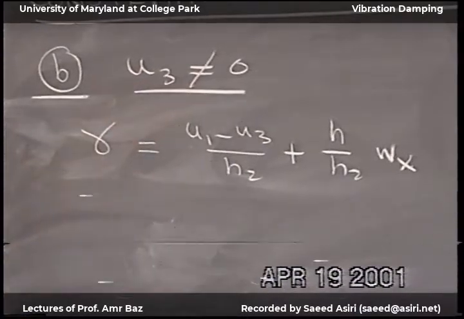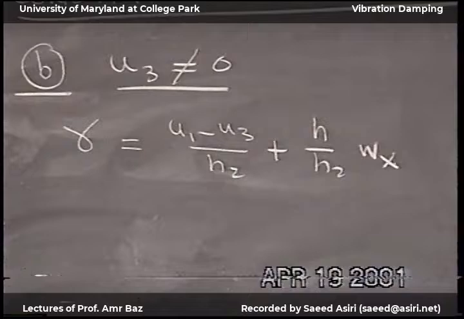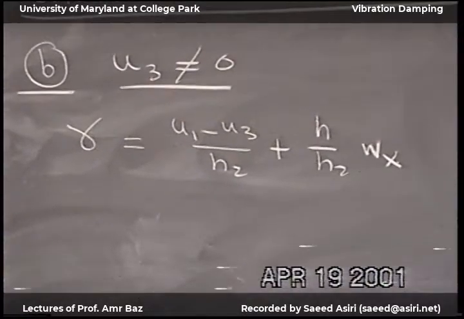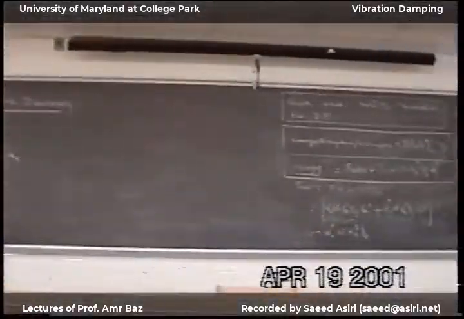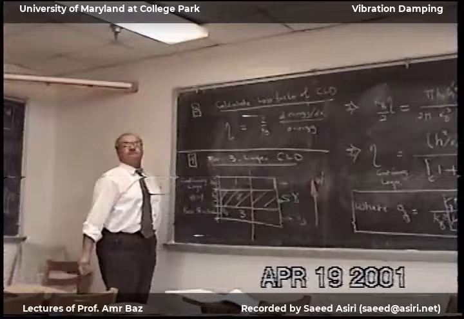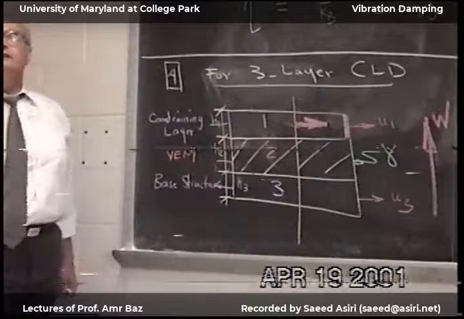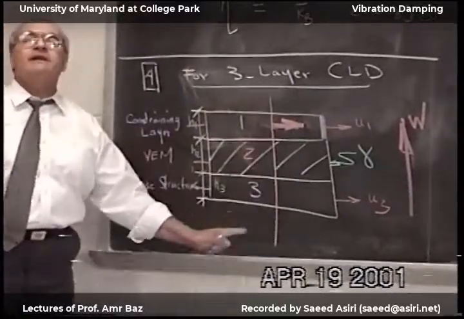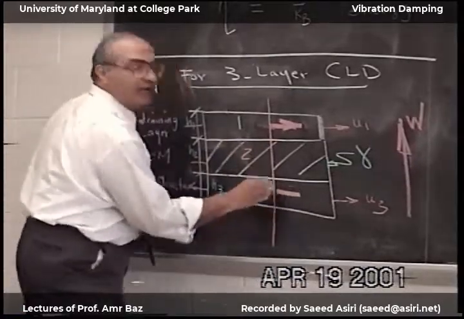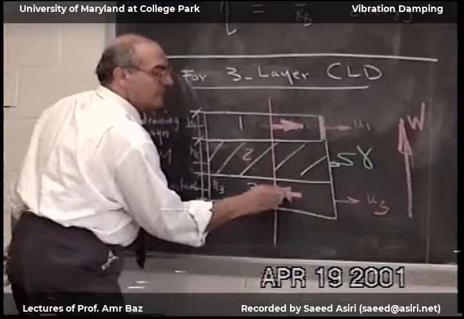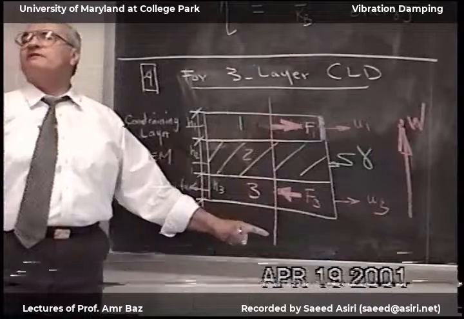But before we do this, we'll come and say now here, if I come to this assembly and take a cross section anywhere, I have forces on the top layer, I have to have equilibrium of forces at any cross section. So I have to have forces here and the opposite direction. So if this is F1, this is F3, then sum of F1 plus F3 is equal to 0.